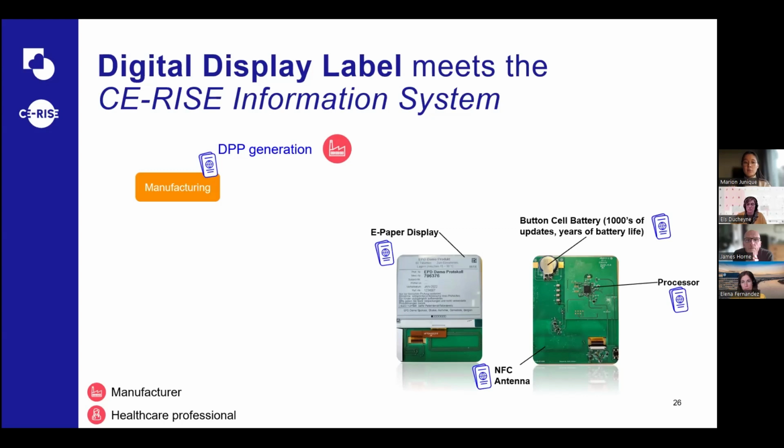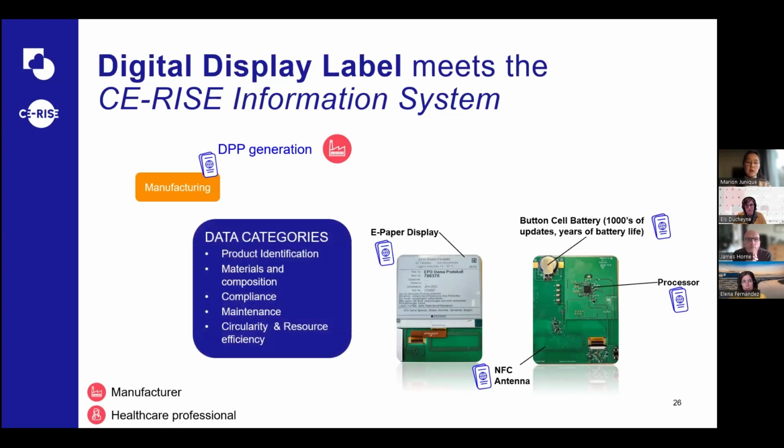And all of these digital product passports will be assembled into one for the digital display labels. And this product passport would contain different data categories, such as the product identification, the material and compositions, also some information on the maintenance, for example, how you disassemble the device.